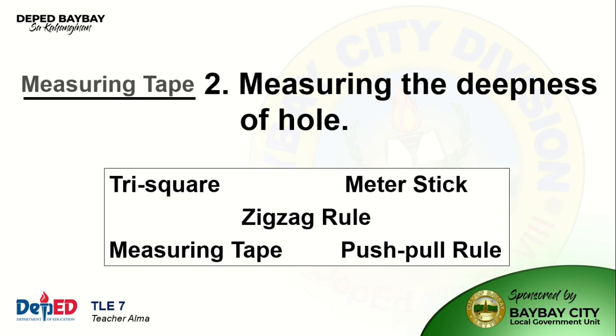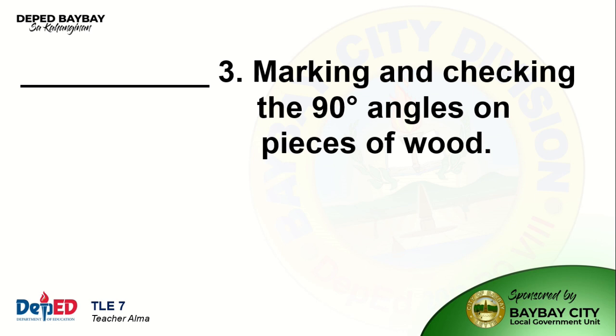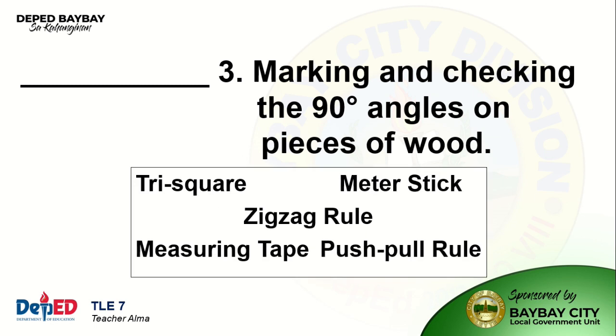Time's up, and the correct answer is measuring tape. Number 3. Blank is used in marking and checking the 90-degree angles on pieces of wood. Your 5 seconds starts now. Time's up. The correct answer is tri-square.